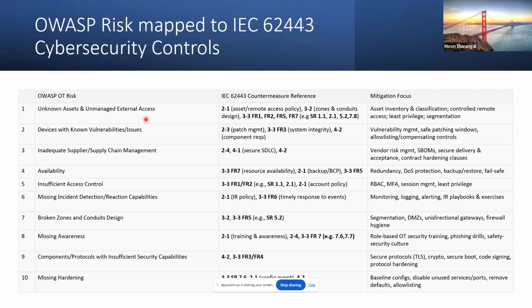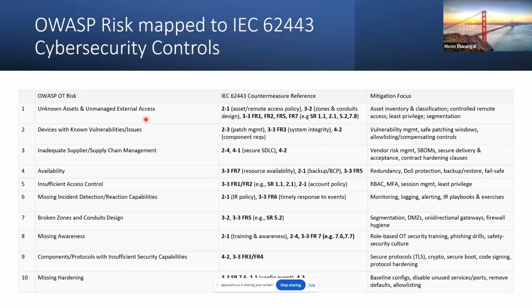It's a fact, it's very true, right? And as long as you don't have the knowledge of assets, it's very difficult to manage the vulnerabilities, the threats it poses, and the whole cybersecurity of your system, right?